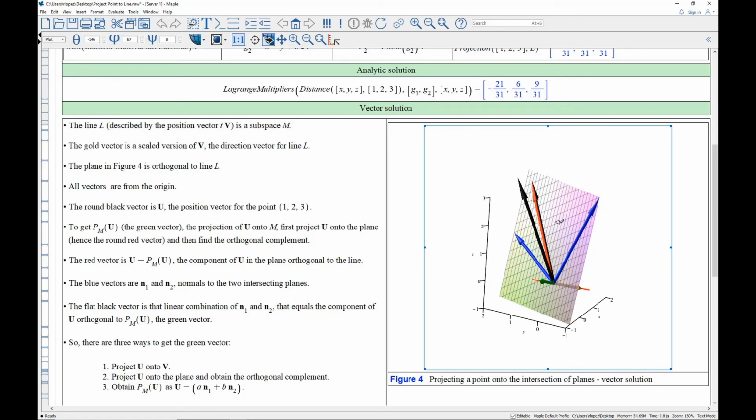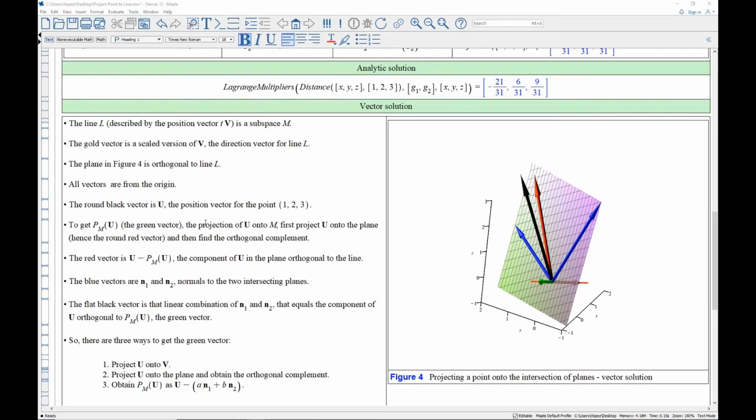The plane that you see here is orthogonal to the line. The round black vector, that's the direction vector to the point that we want to project, and I call that u. And the point is 1, 2, 3. Now, this symbol means the projection of u onto M. That's the green vector.